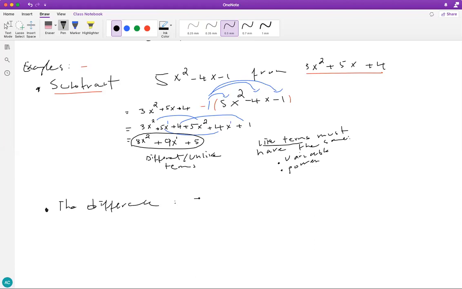Let's say 3x² and the difference of this polynomial and some other polynomial, maybe this one.